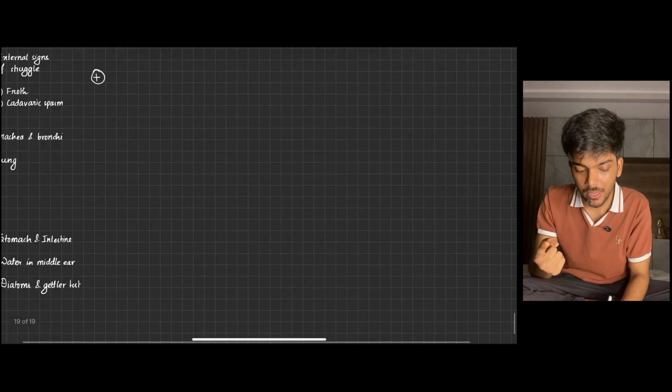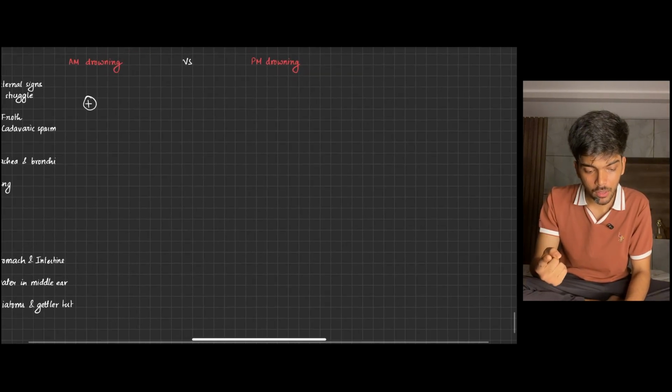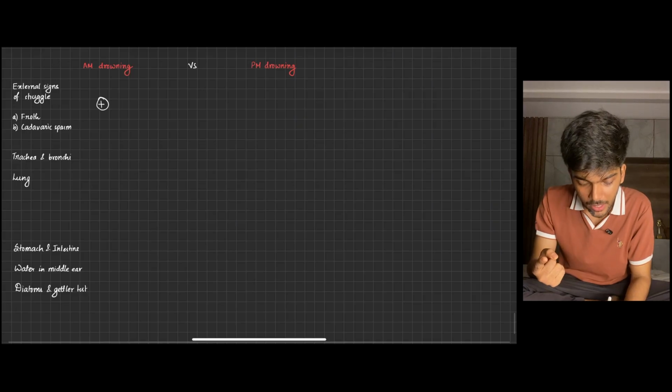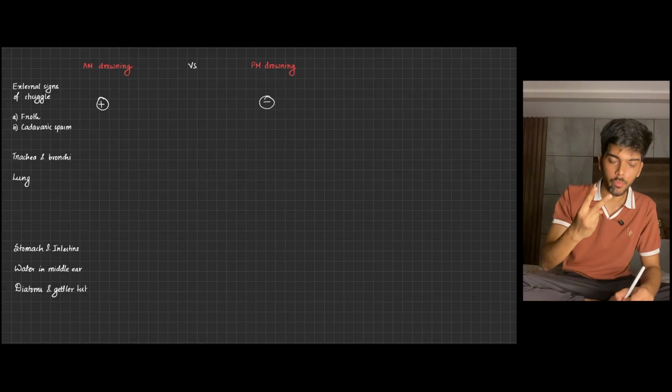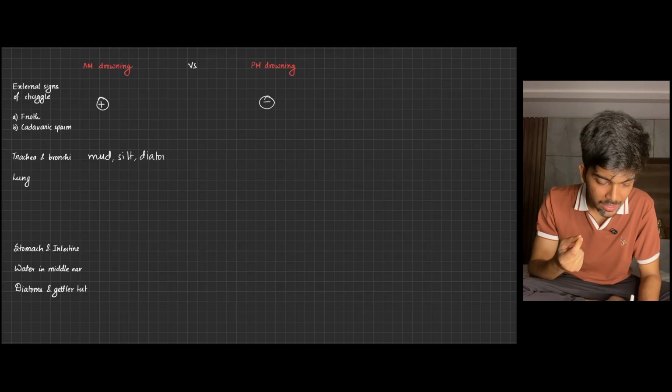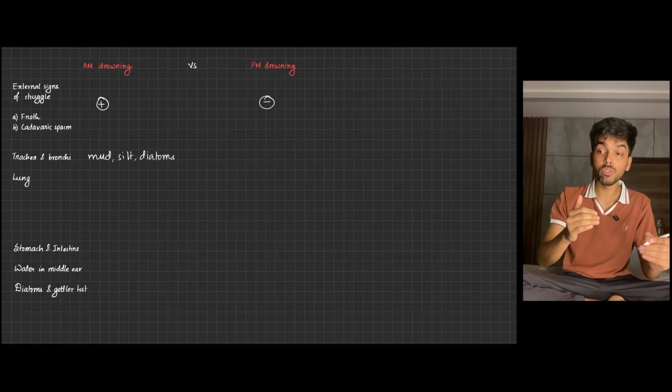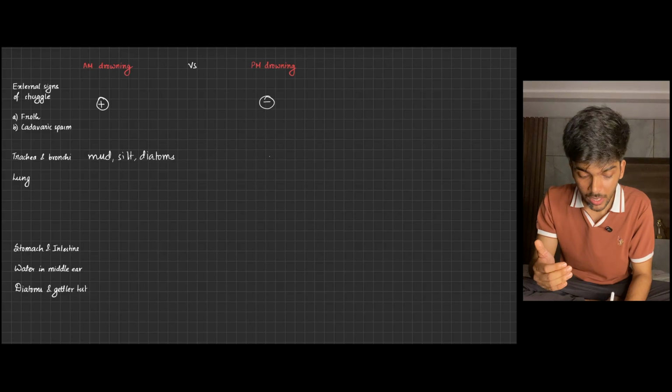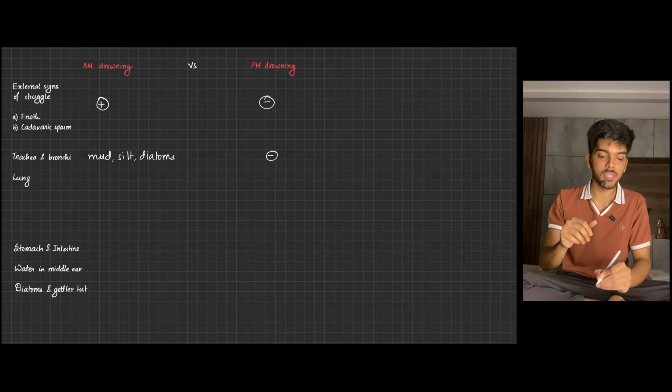They are not present in post-mortem drowning. Number 2, trachea and bronchi, if they contain mud, silt, diatoms, algae, that means it is most probably ante-mortem drowning. In post-mortem drowning, they are not present.